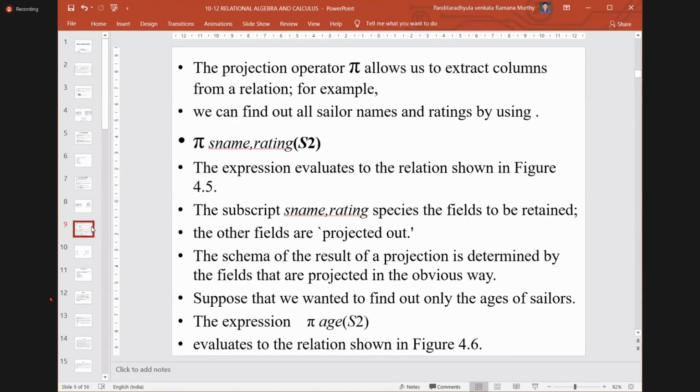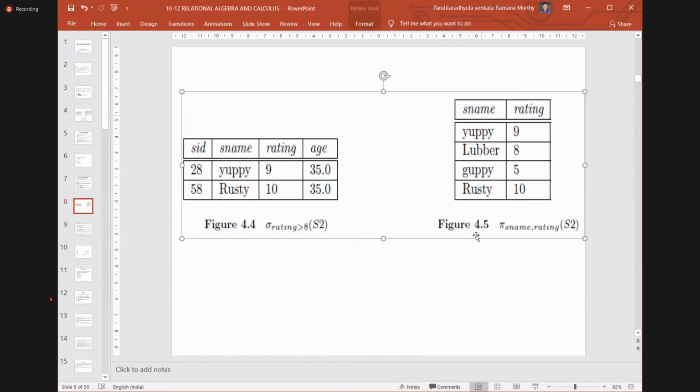If this particular query is executed in relational algebra, the result is in the form of figure 4.5. The query is: retrieve S name and rating from the S2 table, or relation instance.